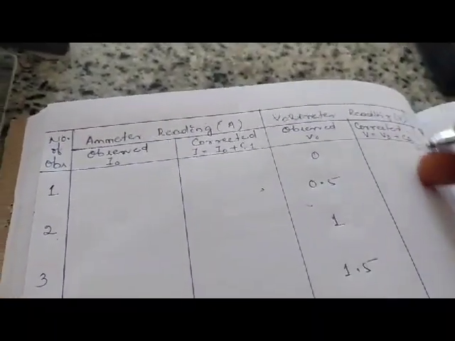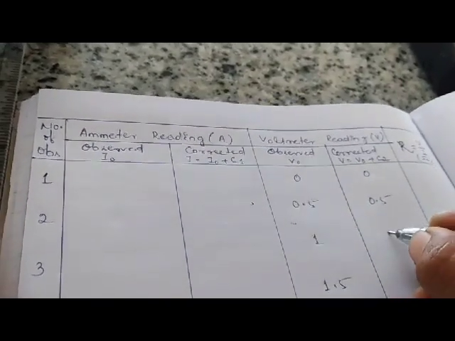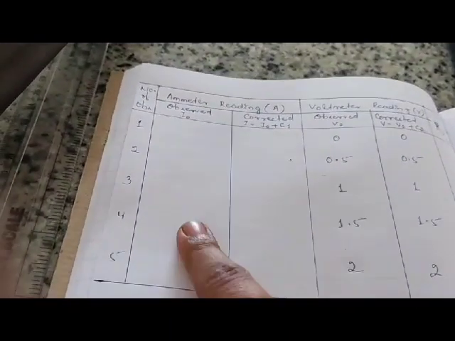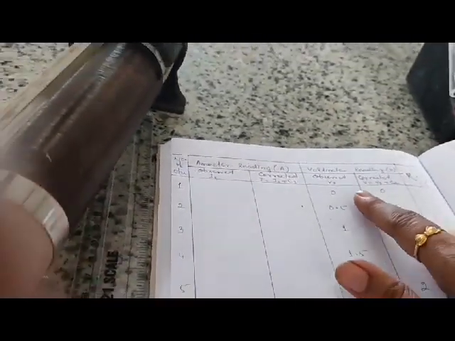As I have already said, there is no zero error, so the corrected value will also be the same: 0, 0.5, 1, 1.5 and 2. Now the only job left is to find out the value of current for this value of voltage. Let's see that.